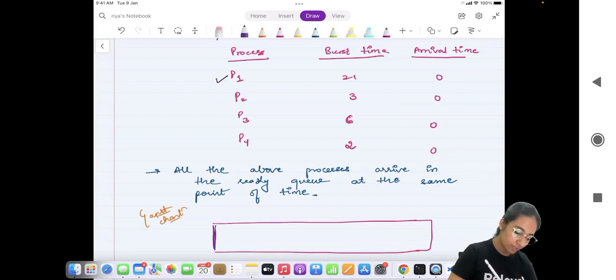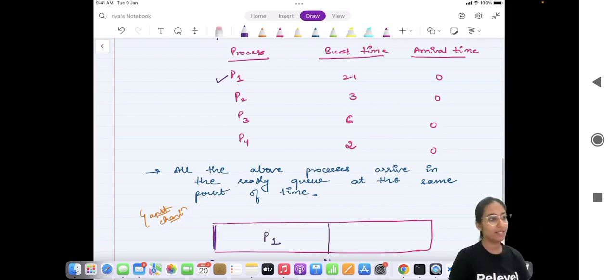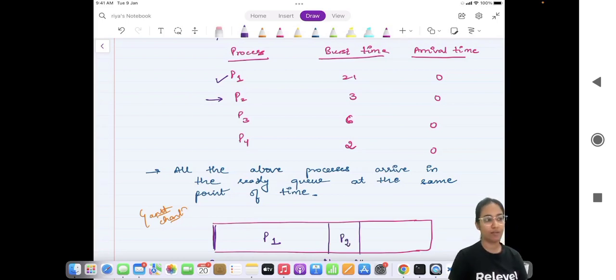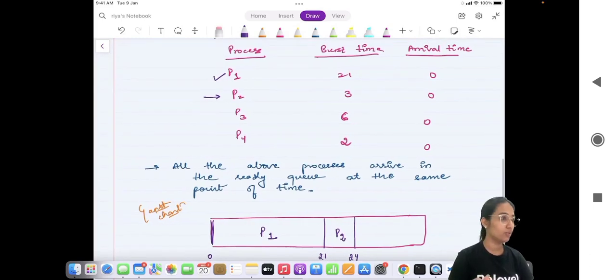Starting from the 0th instance up till the 21st instance, the P1 process will get executed. Then the P2 process will execute for 3 units, so that's why it is 24. This is how we are showing how the CPU is being utilized.